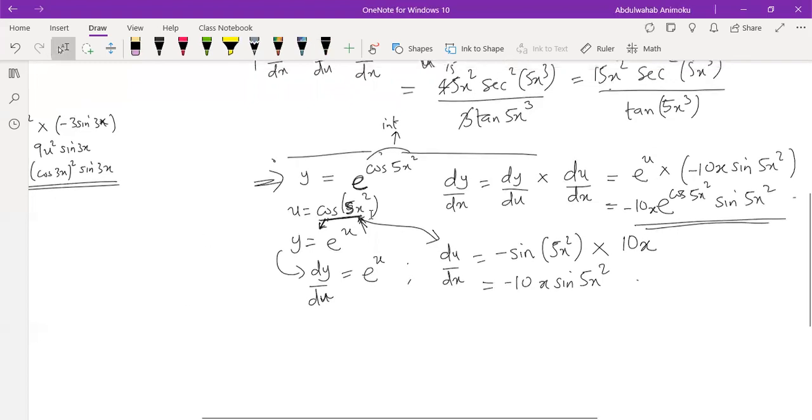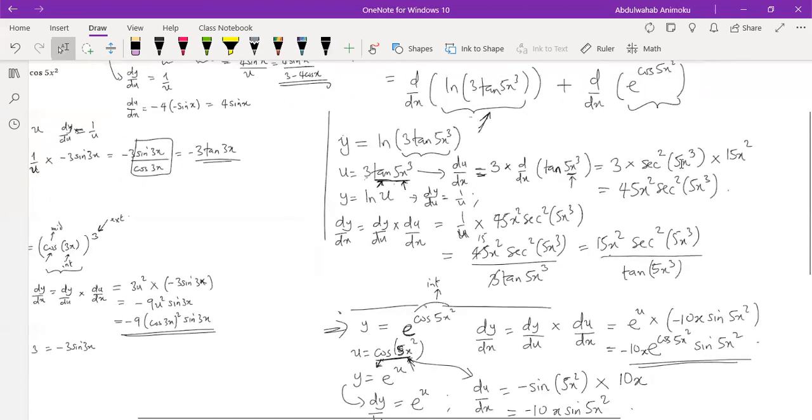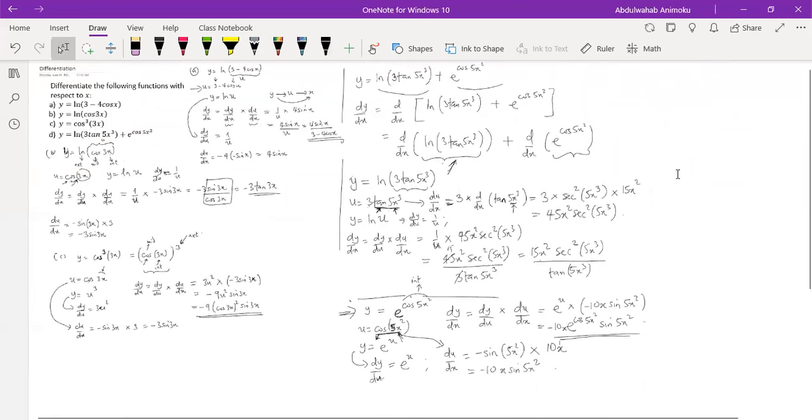Now what is left is to bring them together into the original problem. Remember, the initial function we wanted to differentiate was y equal to this ln function plus this exponential function.